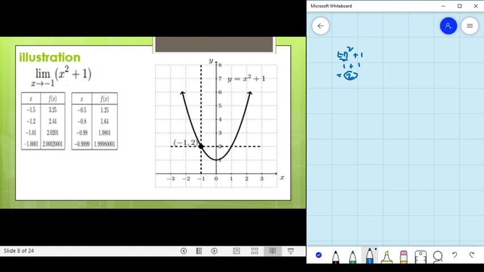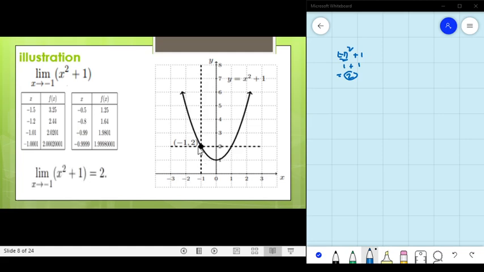So as x gets closer and closer to negative 1 from the right and from the left, the value of y gets closer and closer to positive 2. Okay? So that's why we can say that the limit of x squared plus 1 as x approaches negative 1 is equal to positive 2. Okay?